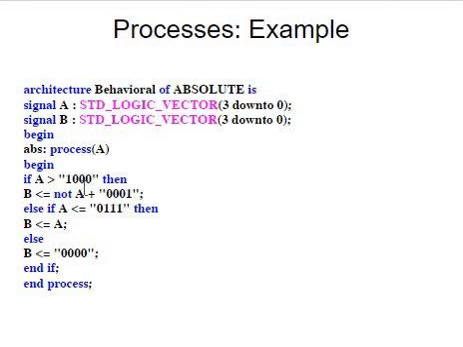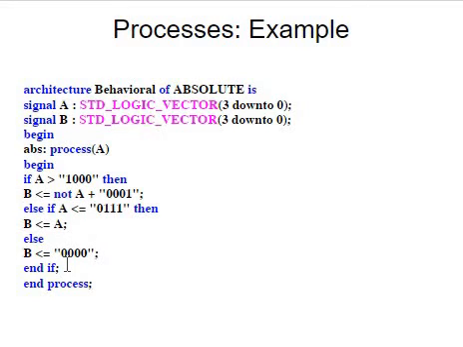That is the complemented version of A plus 1. Else, if A is less than or equal to 0111, that is less than or equal to 7, then B is equal to A. Else, B is assigned as 000. For all other cases, B is assigned as 0.